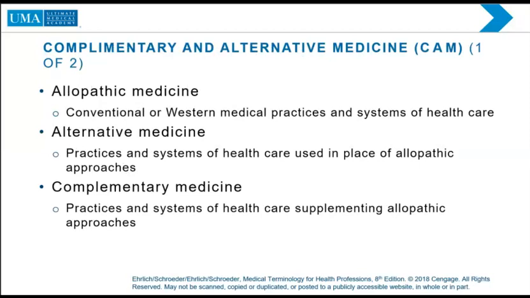Allopathic medicine is conventional or Western medicine practices and systems of healthcare. Alternative medicine: practices and systems of healthcare used in place of allopathic approaches. Complementary medicine is practices and systems of healthcare supplementing allopathic approaches.